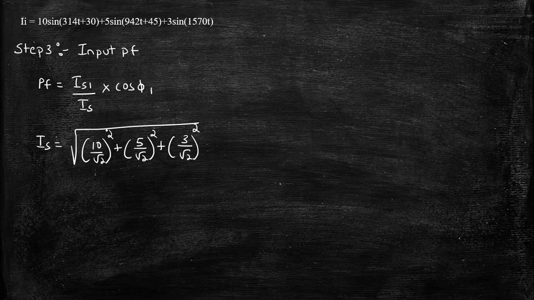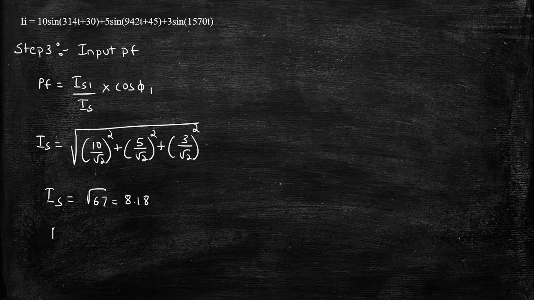We need to find the RMS value of all these components put together. We cannot leave any of the components out, because Is1 was only with respect to the fundamental, but here we have the fundamental, the third order, and the fifth order. We need to consider all of these magnitudes, and that is how we find the value of Is, which is the square root of 67, that is 8.18.